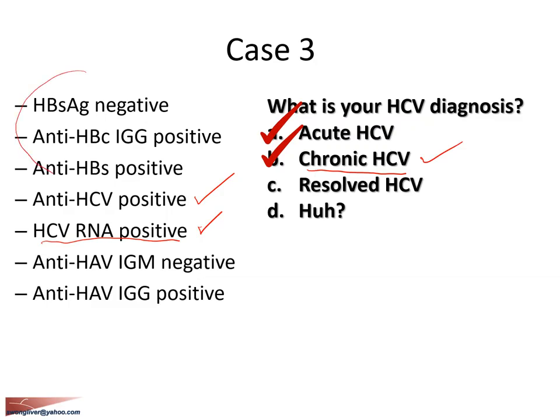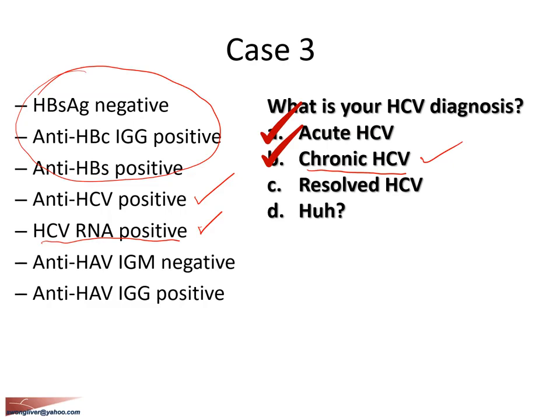Because look at the hep B status. This is a patient probably with co-infection with hep C and hep B. The patient resolved the hep B but remained positive for hepatitis C. That is why I would say this patient probably has chronic hep C instead of acute hep C.